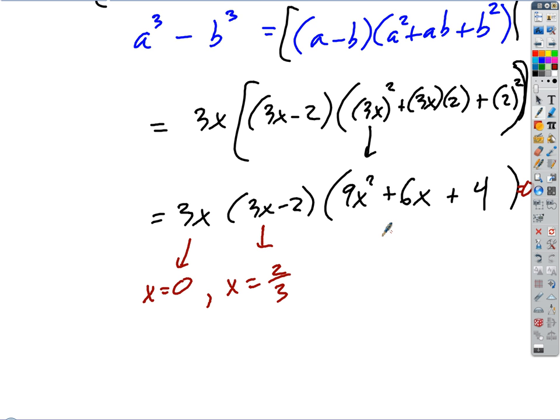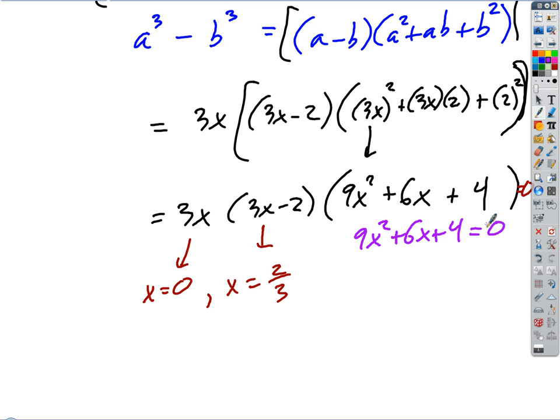We could check it and see. If it did, we would just use the quadratic formula, wouldn't we? Well, what's the discriminant that we get from this quadratic equation? If we set this factor equal to 0, we get the equation 9x squared plus 6x plus 4 equals 0, right? So let's just check the discriminant.